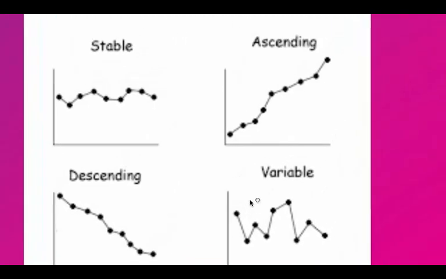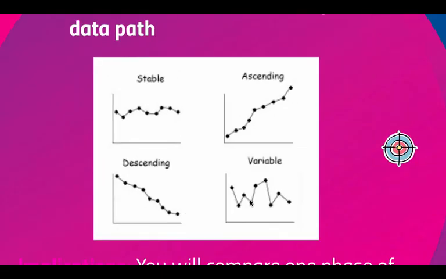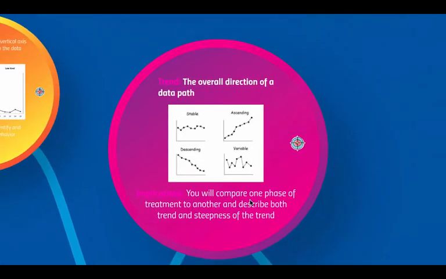So in summary, what you're describing to your board-certified behavior analyst when you're working with them is the trend of the data. You can say we got stability, or we got an ascending trend in terms of some skill that's being acquired, or we got a descending trend in terms of some maladaptive behavior that we're tracking, or we got a lot of variability in performance.